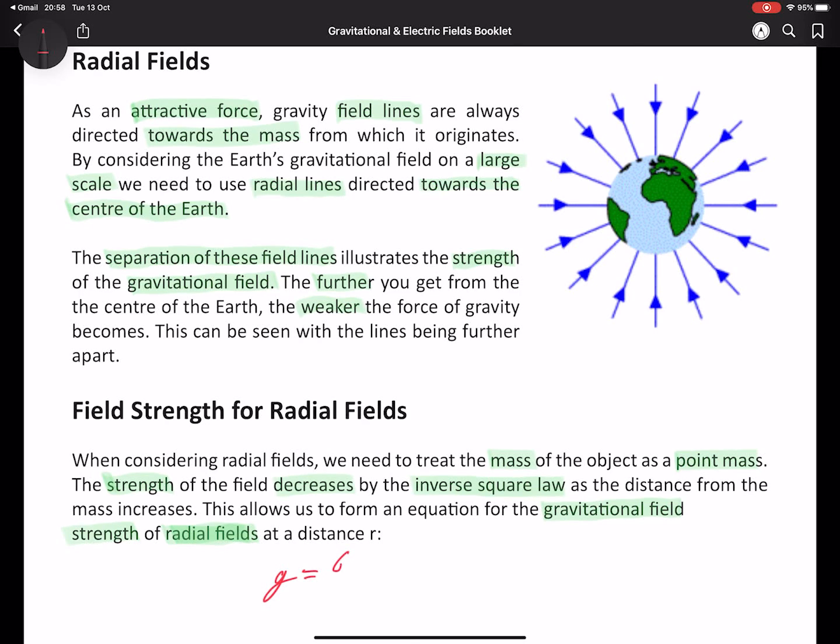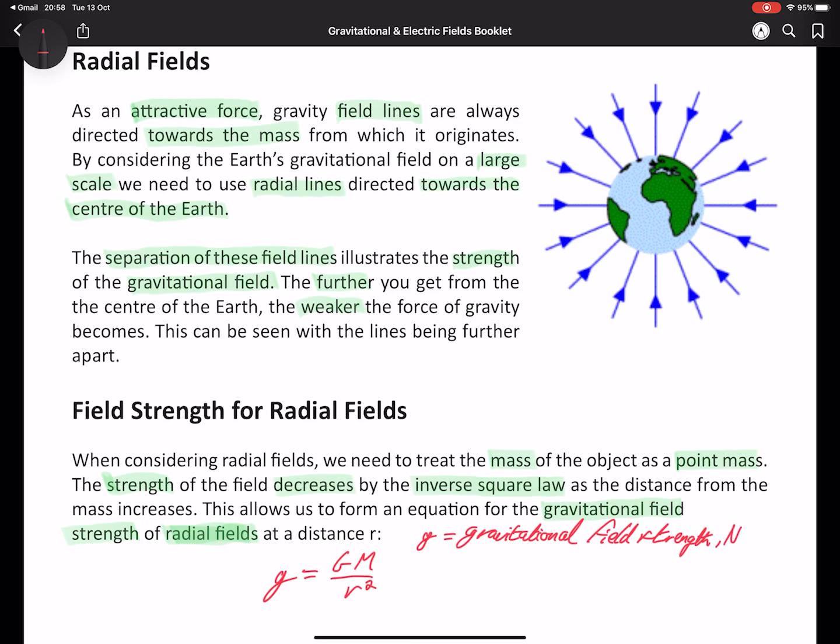So we can form our radial variant of the gravitational field strength equation here, where little g, our gravitational field strength, is equal to big G, big M, over r squared. So as we've said, little g is gravitational field strength in newtons per kilogram, or meters per second squared, whatever you choose.